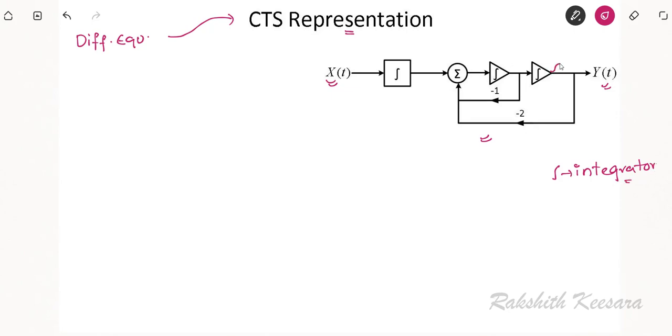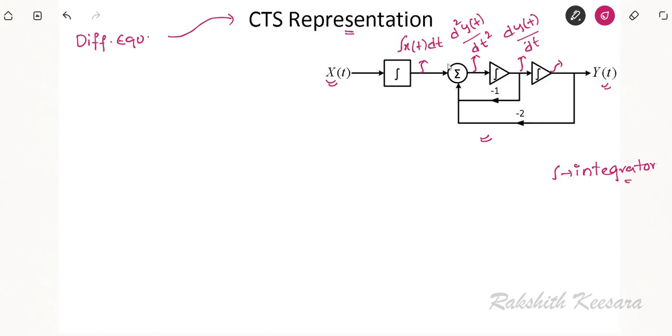If the output of integrator is y of t, the input will be dy of t by dt. So, if I integrate this dy of t by dt, my output will be y of t. Similarly, here the input will be d square y of t by dt square. And here the signal is integration of x of t dt.